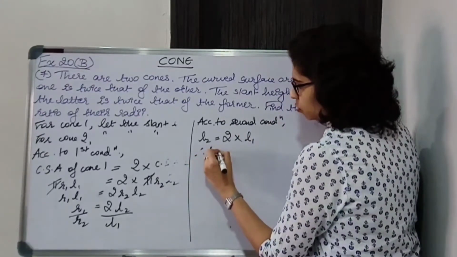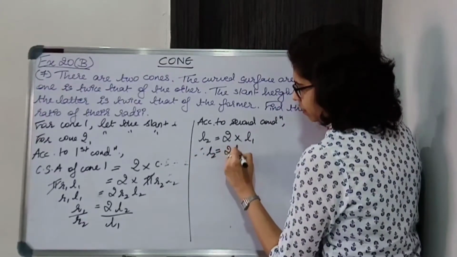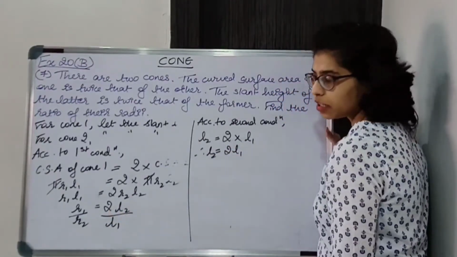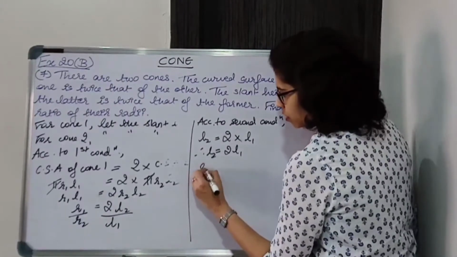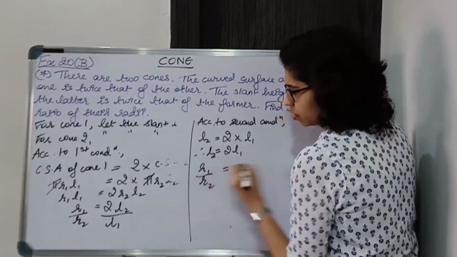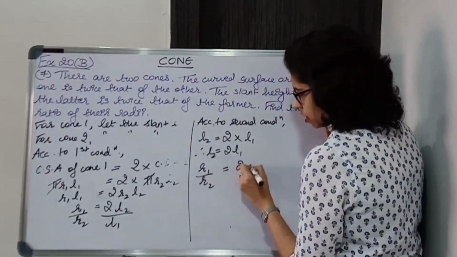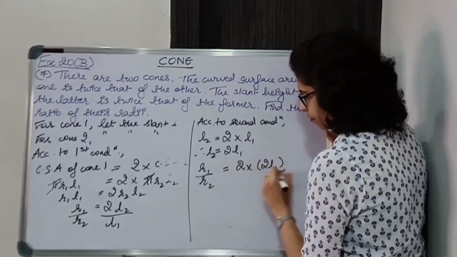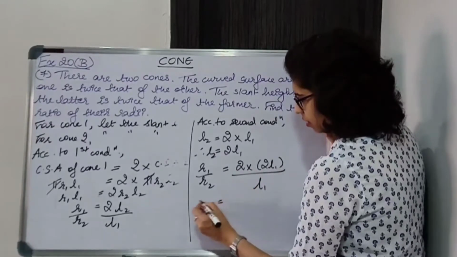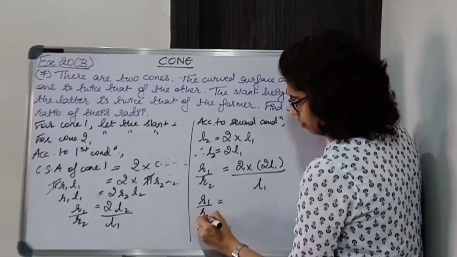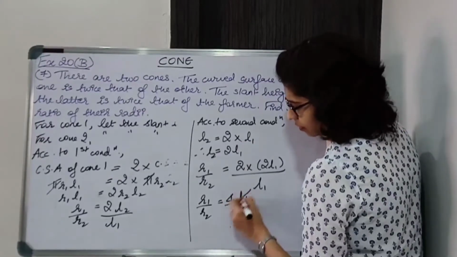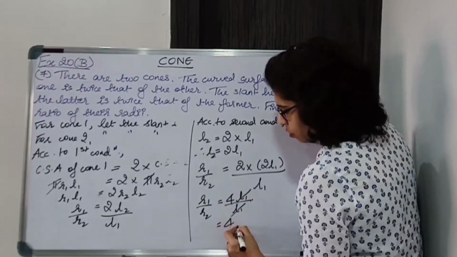Therefore L2 is equal to twice L1. Substituting this over here, ठीक है, L2 is equal to twice L1. So R1 upon R2 will be 2 into L2 is 2L1 upon L1. So this becomes 4L1 upon L1. L1 will get cancelled. 4 upon 1.